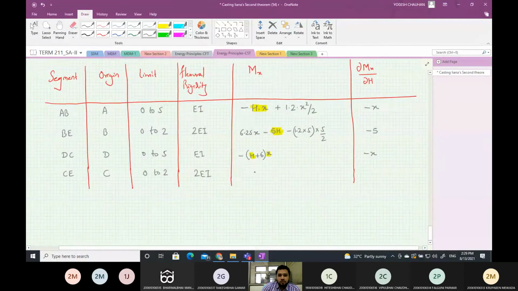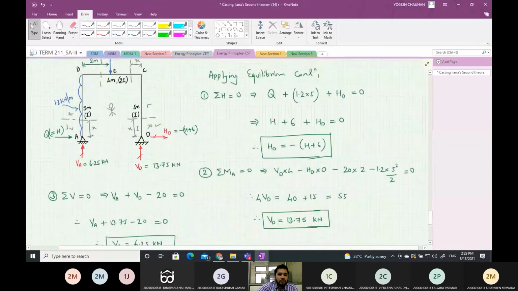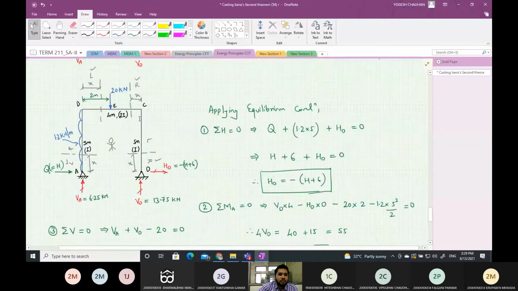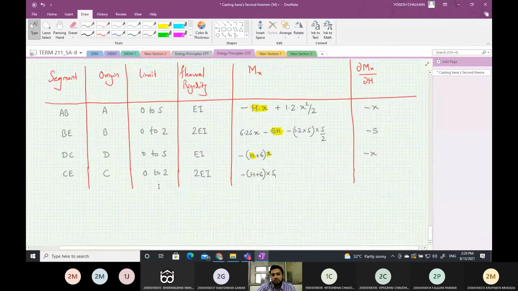So HD into 5. But what is HD? HD is minus h plus 6. So minus h plus 6 into 5, and this VD. The perpendicular distance of VD from the section is x. Again, this is causing anti-clockwise moment on the right of the section.